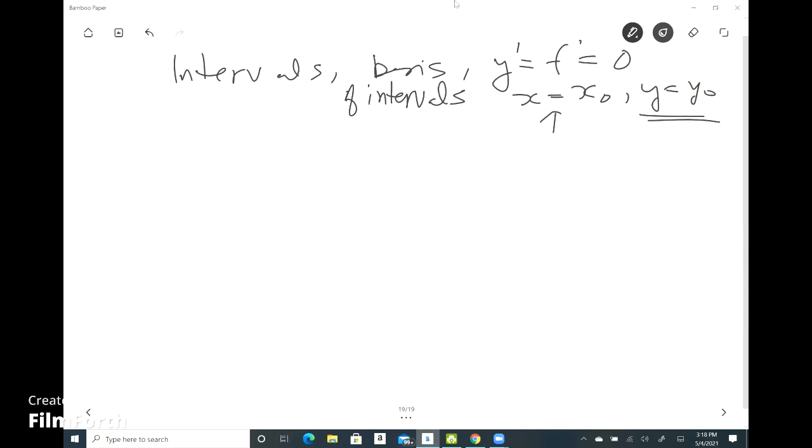You have two intervals. One is negative infinity to x0, but it does not include x0. That's why you put the round bracket like that at x0. Now, if you have a square bracket, that means include the endpoint, include x0.